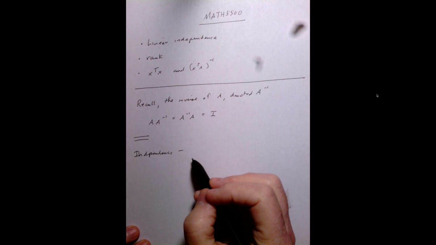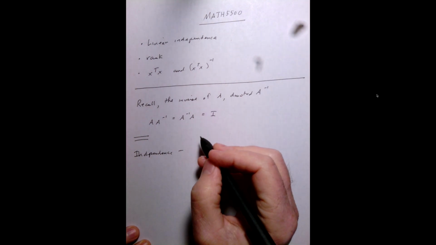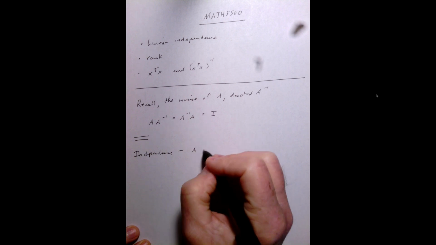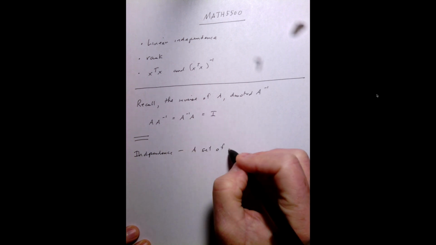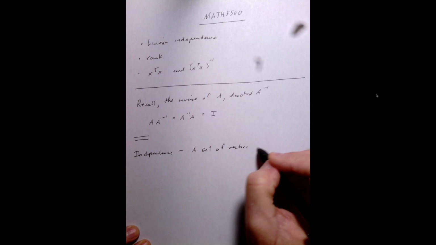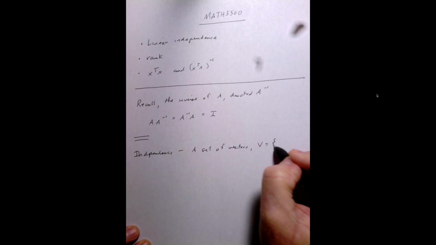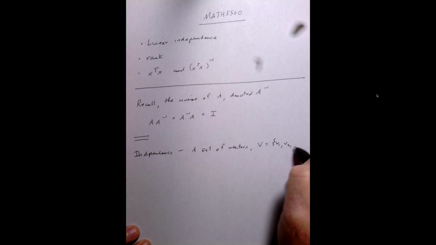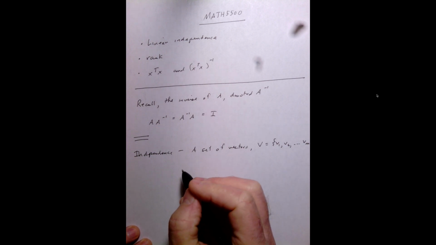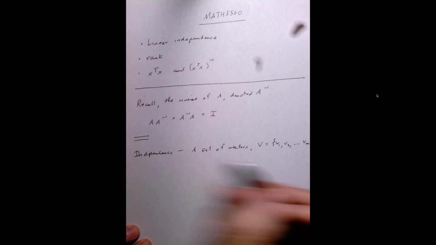So independence, I would say that we have a set of vectors, and we'll just call this V1, V2 up to Vk.